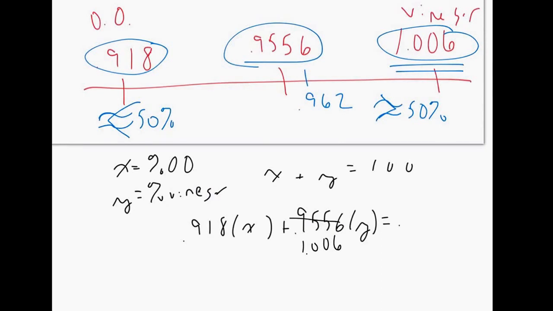I should get 0.9556, right? Now that will only work though, and here's the problem. We got one little problem right now, which is that only works if that percentage is a fraction.